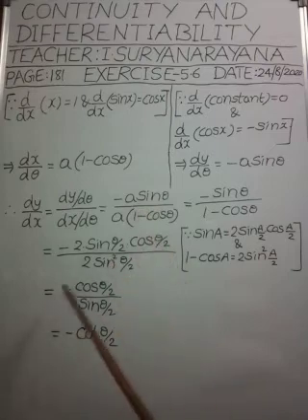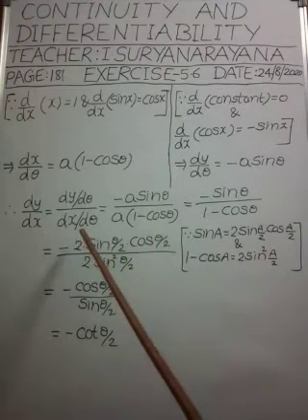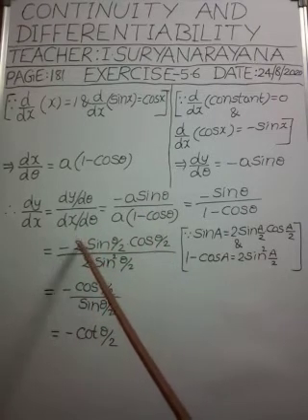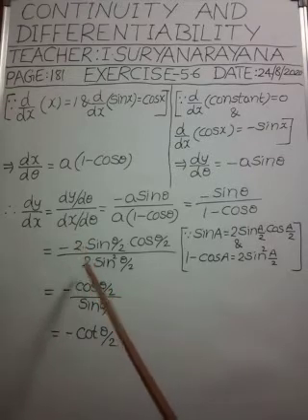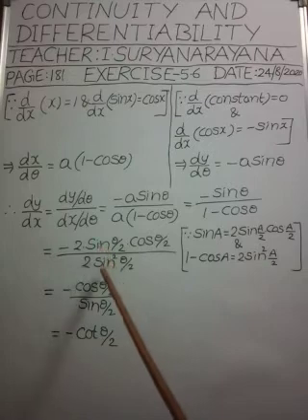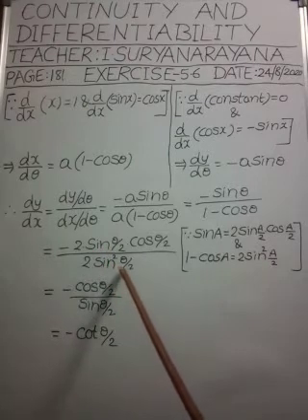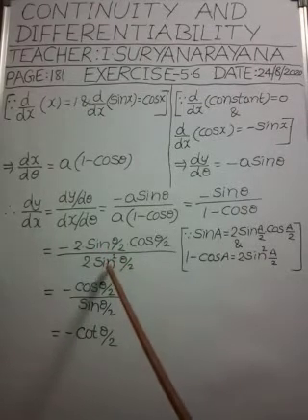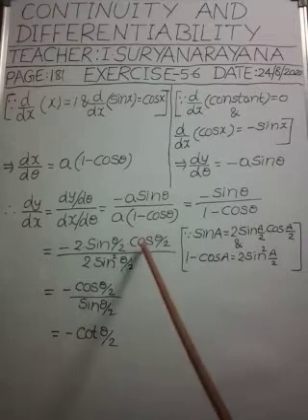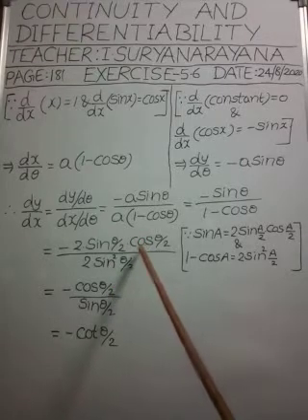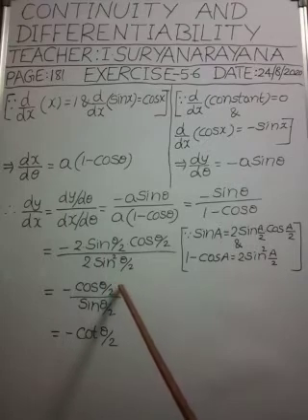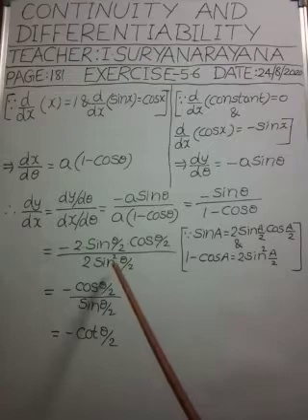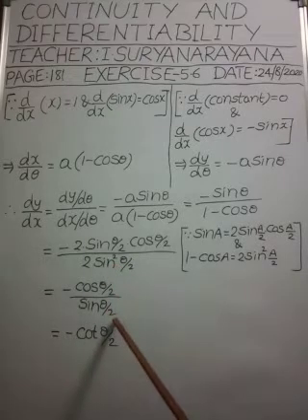Right. This implies by simplifying the numerator and denominator, see here 2 is a common factor, so we can strike out. Similarly here sin theta by 2, here sin square theta by 2 is there, so 1 sin theta by 2 gets cancelled. So in the numerator, what will be left here? Cos theta by 2 only. Understood this numerator part, my children? Right. What will be left in the denominator after cancellation? Sin theta by 2 only.